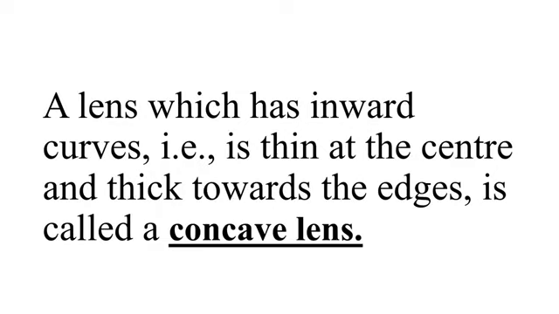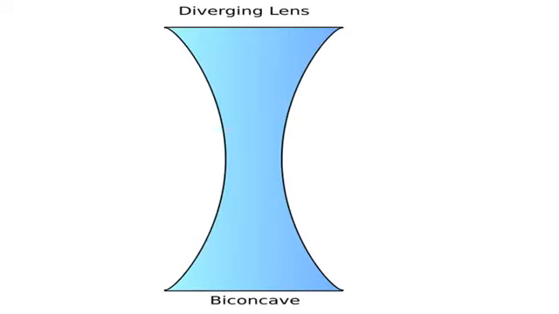A lens which has inward curves, that is, thin at the center and thick towards the edges, is called a concave lens. If you look carefully at this lens, you can easily figure out it is thinner or narrow at the center and thicker at the edges.